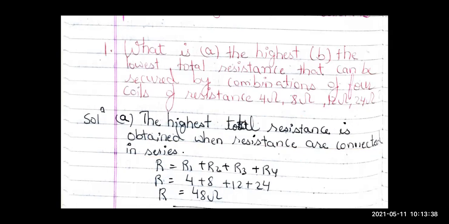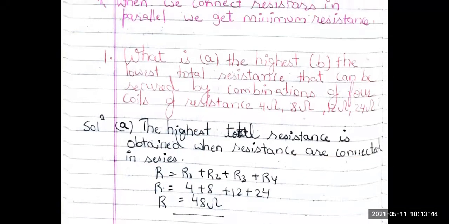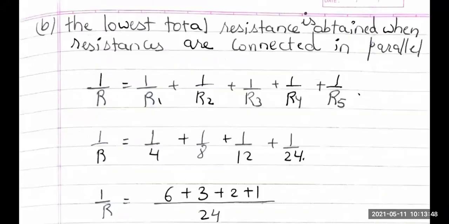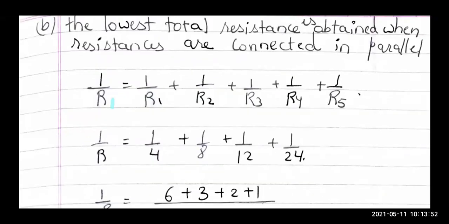Okay. Now let's see what is the lowest total resistance. So for lowest total resistance, we need to connect all these 4 resistances in parallel. So let's connect them in parallel. When they are connected in parallel, we know the total resistance will be 1 upon Rp equals 1 by R1 plus 1 by R2 plus 1 by R3 plus 1 by R4. Substitute the values of R1, R2, R3 and R4.